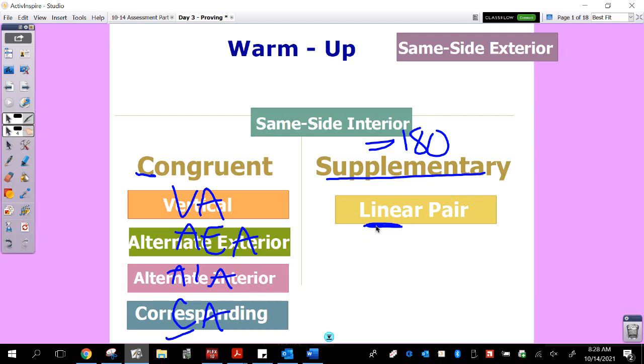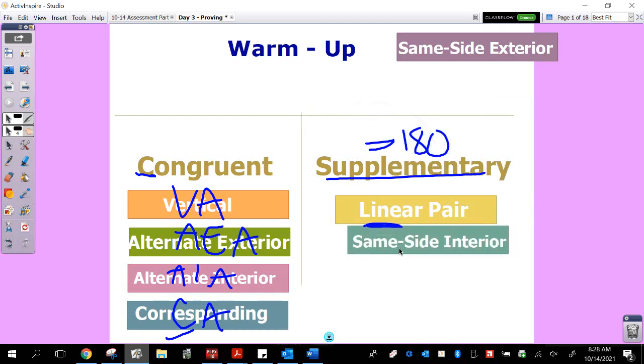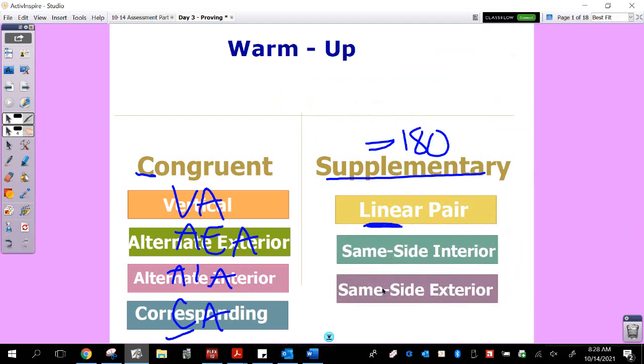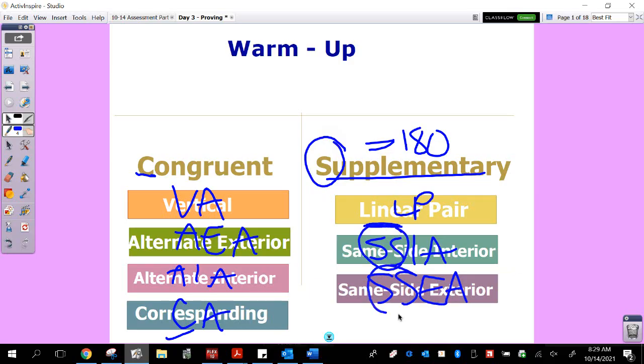And then the other two, same side interior is SSIA. Oh yeah, linear pair is LP. And then SSEA. The way I remember this is supplementary SS. They all begin with S.